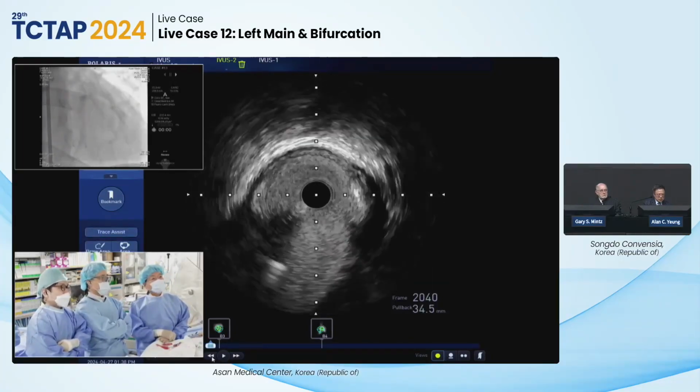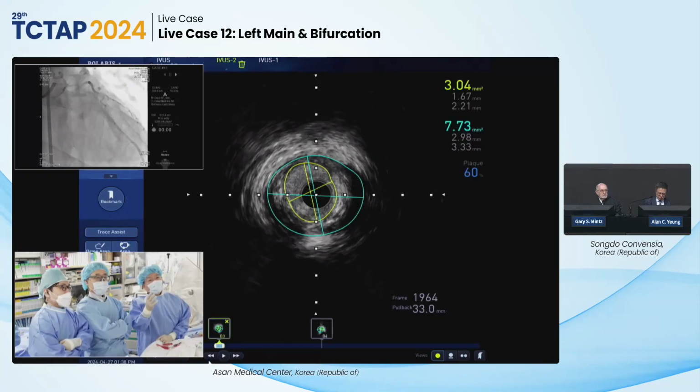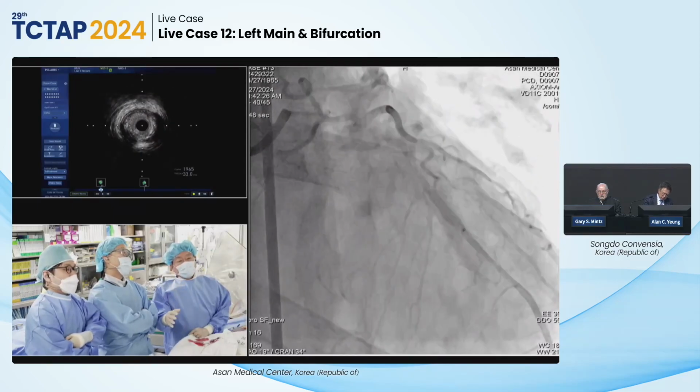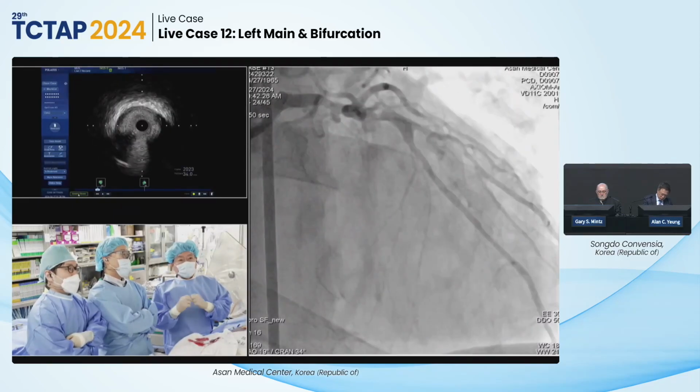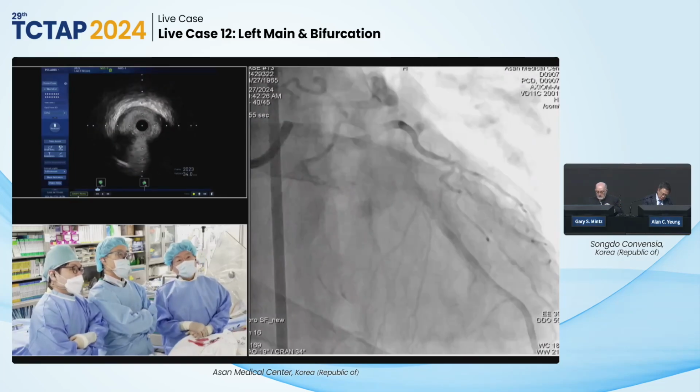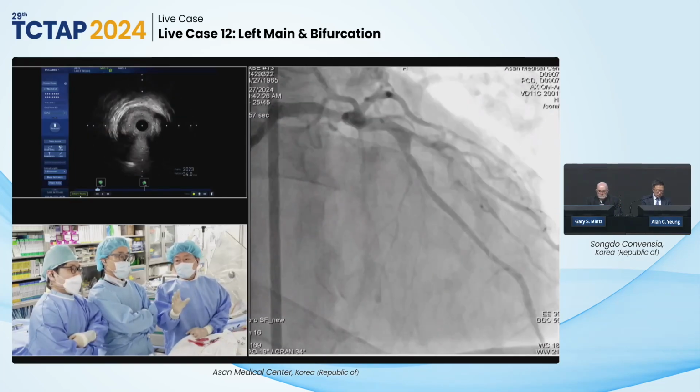All right, anyway, the delta FFR values are 0.59 and 0.7. The LAD part may be related to muscle bridging, and in the diagonal branch there may be some disease, however the difference is not so big.